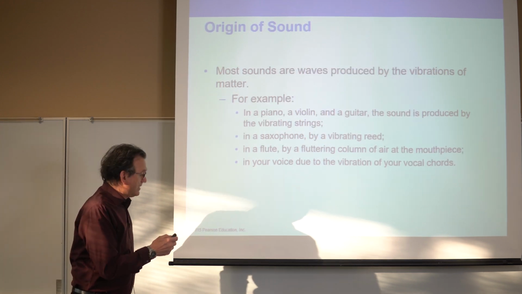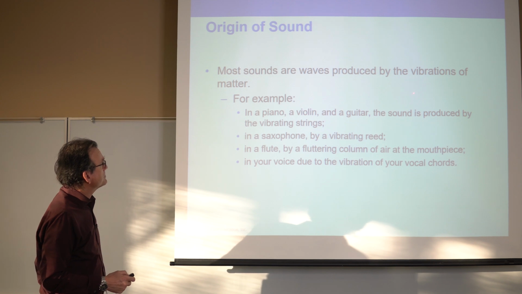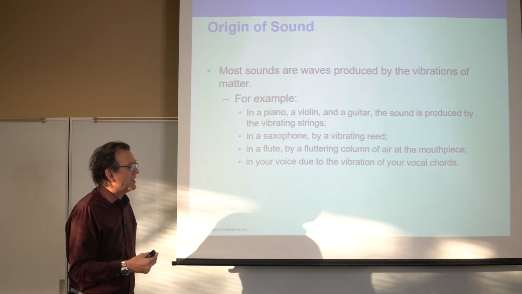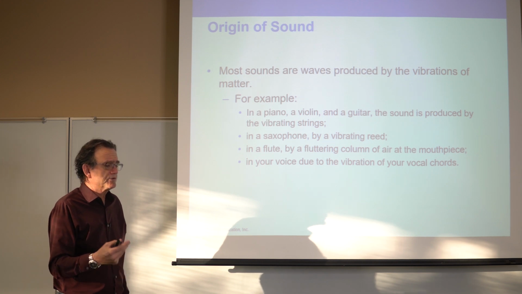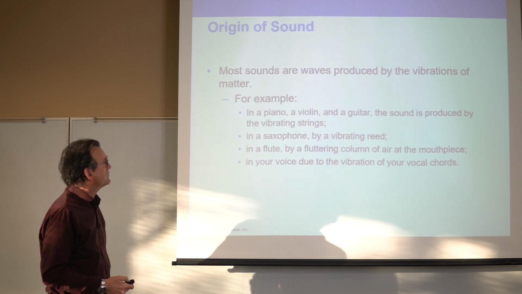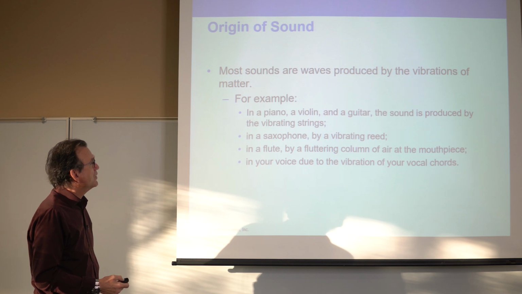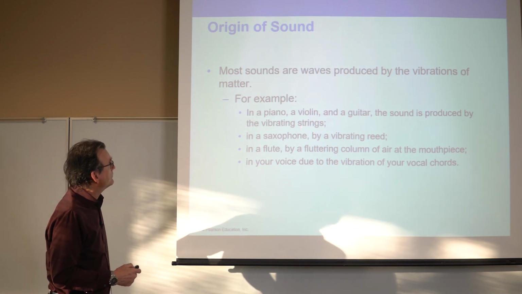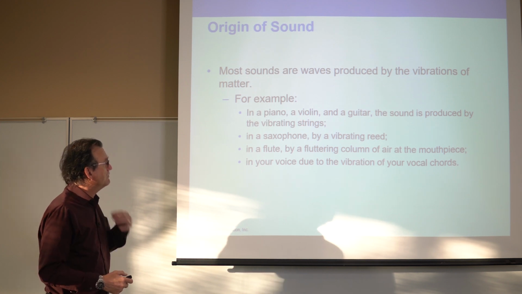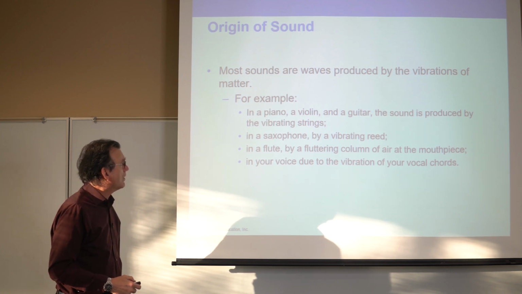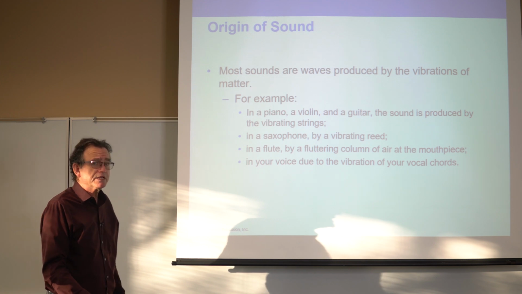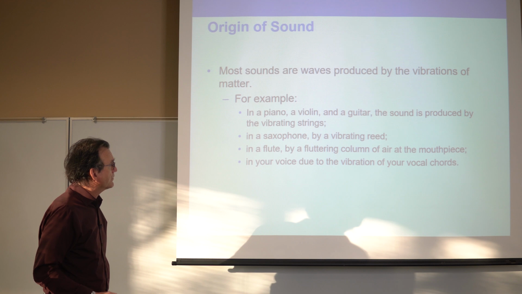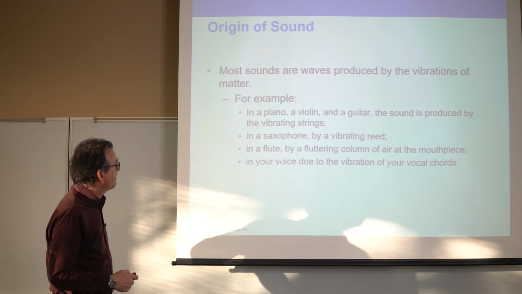Origin of sound. Now, most sounds are waves produced by vibrations of matter. We've talked about that with tuning forks. We can also, stringed instruments can cause these vibrations of compression. I call them compressions of air molecules. So string instruments are one way of generating sound. Obviously, the vocal cords in our voice are also vibrating at frequencies that allow our ears to hear that, and those are the frequencies that we have been discussing.